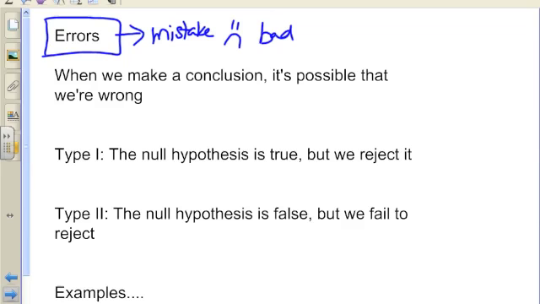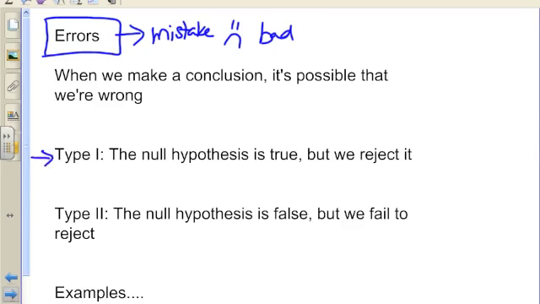Even with a p-value of 0.0003, that means there's a 0.03% chance that we could have seen those results with the null hypothesis being true. That's really small, so I doubt it happened, but it's possible. Unlikely, but possible. So we could end up making the wrong conclusion.